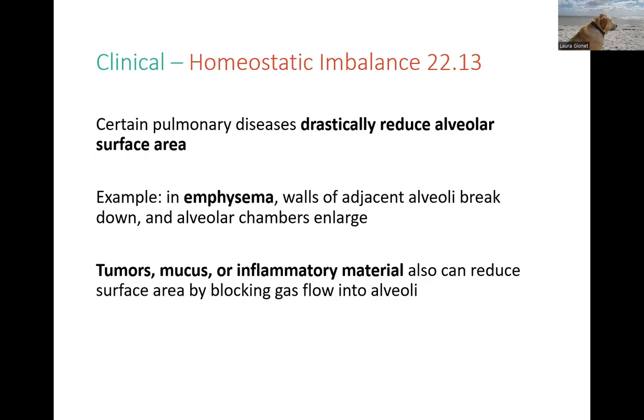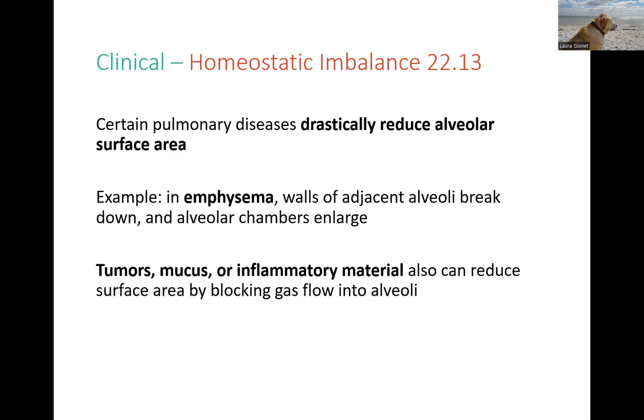Instead of having 10 little individual grapes, each with a nice membrane and wall, with a capillary bed around it and all those elastic fibers, we have maybe 3 large grapes. Well, the walls of the 3 large grapes are a fraction of all the walls and surface area of 10 individual alveoli. And thus you're reducing the surface area.